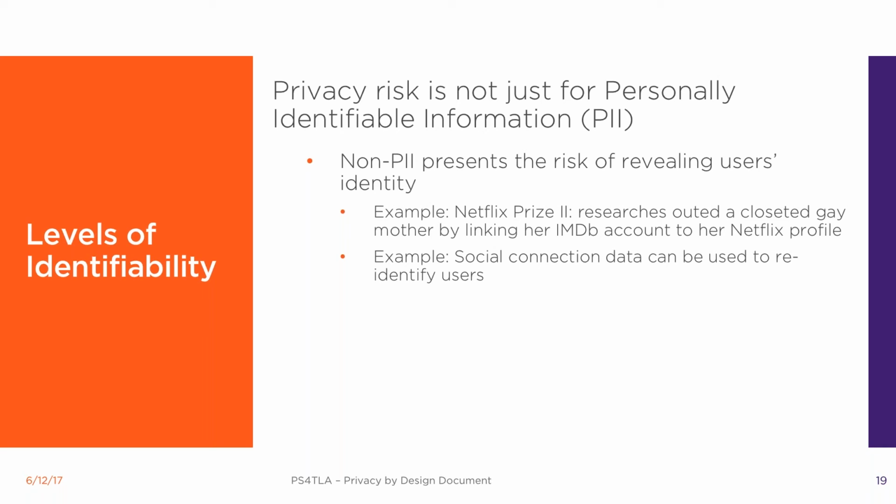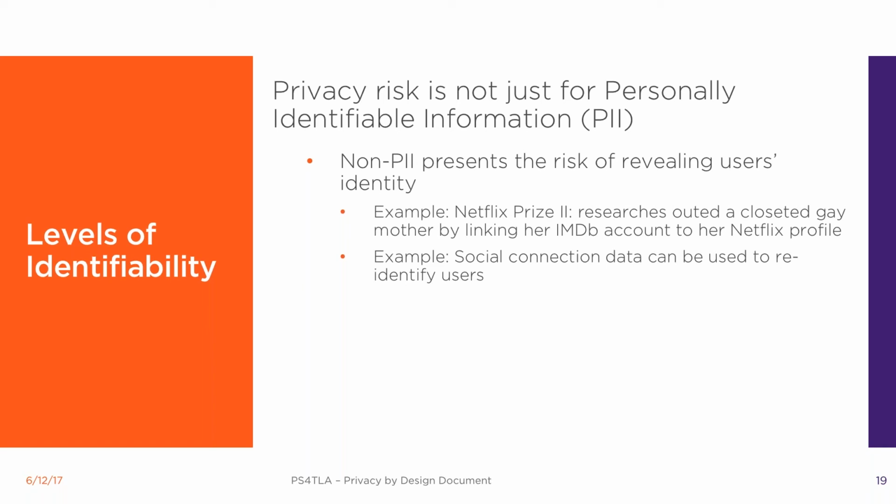So, for example, Netflix had an anonymized data set of private Netflix viewing behavior that it made available to the research community. And some researchers were able to cross-reference this data with public IMDb viewing data. And some of those IMDb profiles actually had users' real names attached to them.